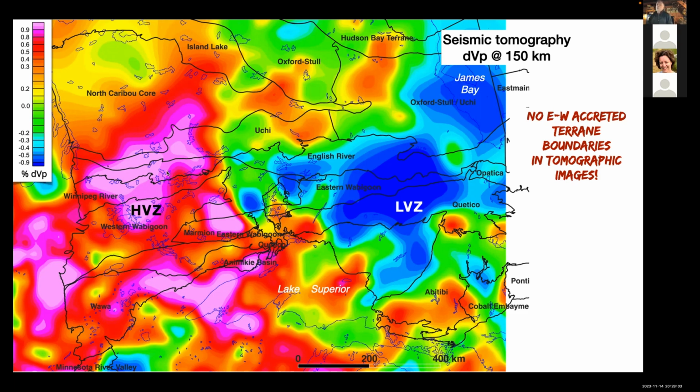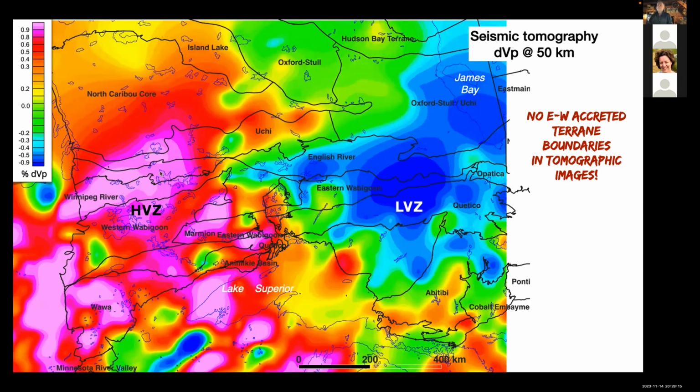And so one thing that's important in looking at that image is that we don't see any evidence for east-west accreted terrain boundaries that have been interpreted in the standard plate tectonic models.